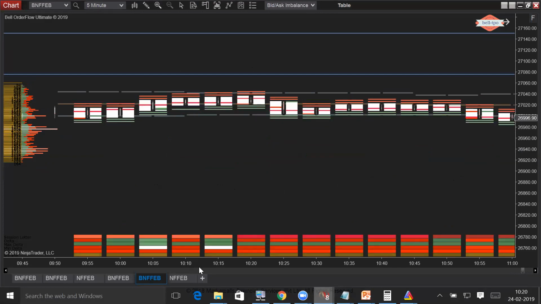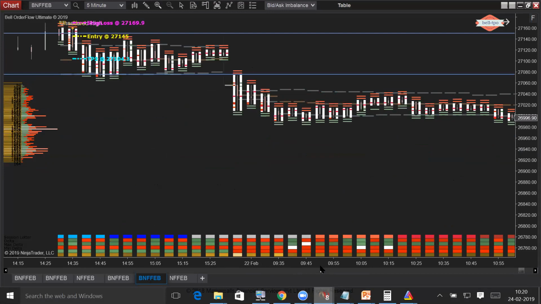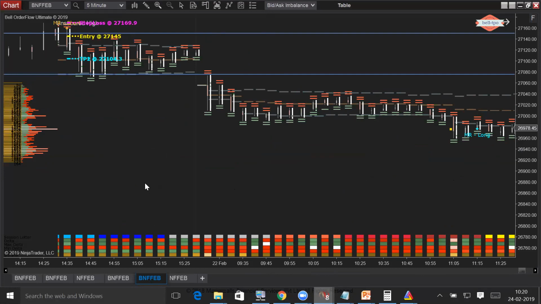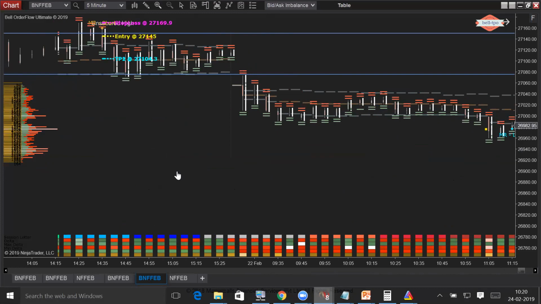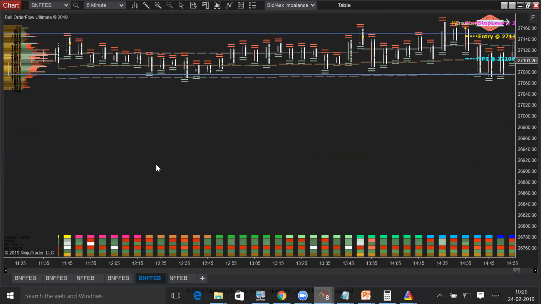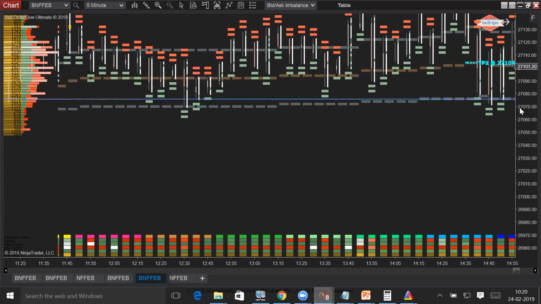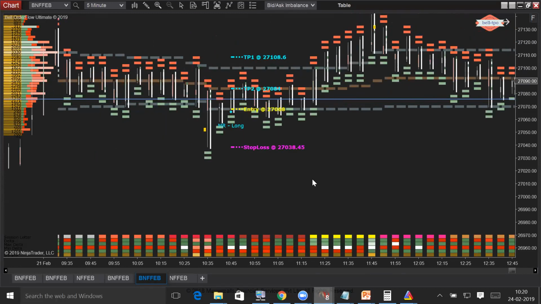So the first requirement is that the candle should hit a day high or a day low. In this case, the candle was hitting the day low.